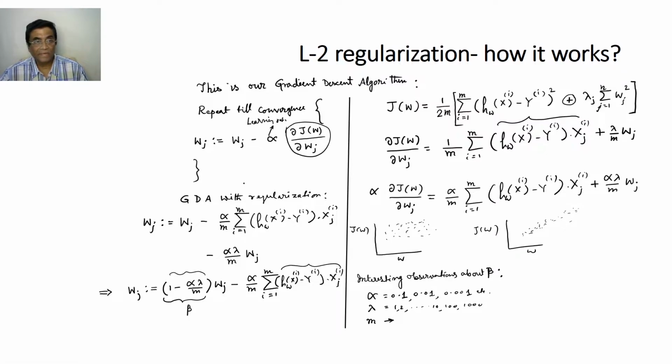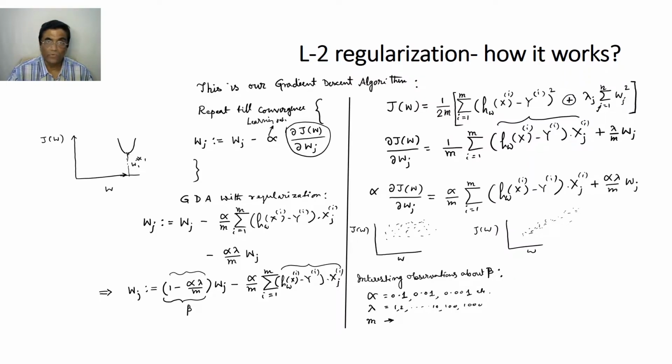So let me give you a slightly oversimplified example. Say this is W, and you are running for a particular W1, and this is the nature of your cost function, and you want to reach over here. So this is the W1 value, attached with the parameter, with the feature x1.